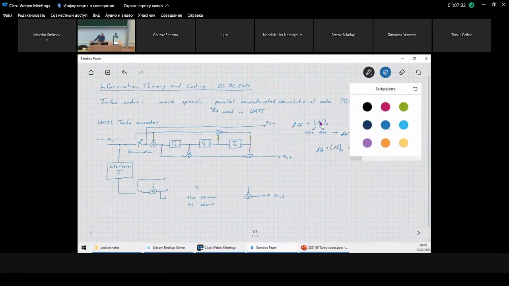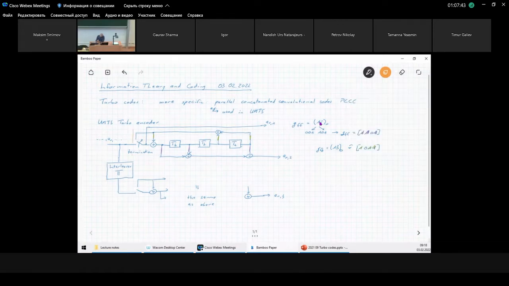There are two identical encoders. Let's draw a box around it. So two identical encoders are used.